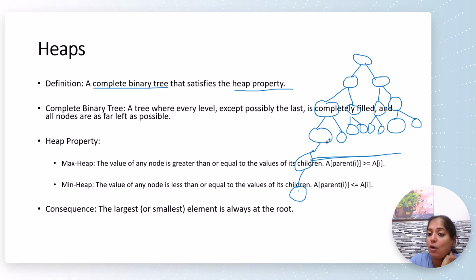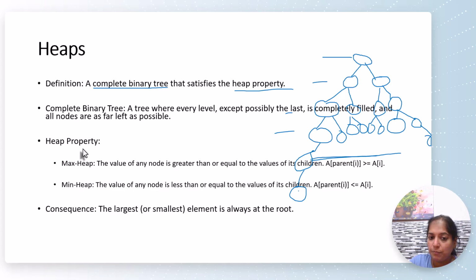And the level always starts from the left side. That is, you cannot insert the element at the right end. So this is called a complete binary tree: a tree where every level, level 0, level 1, level 2, level 3 and so on, except possibly the last, is completely filled and all nodes are as far left as possible.